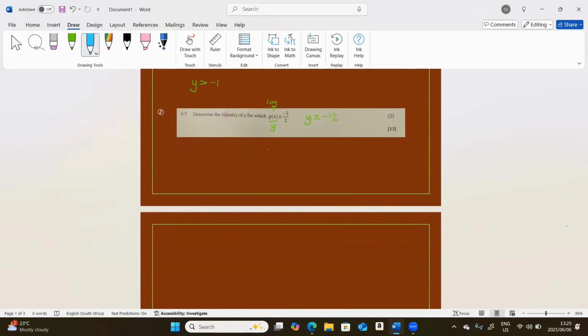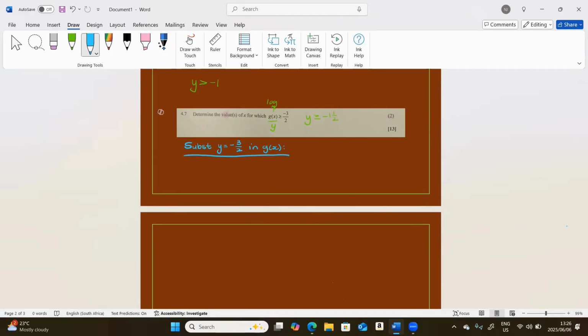So you are going to say substitute y equals negative 3 over 2 into g(x), because we want the corresponding x value where y equals negative 3 over 2.